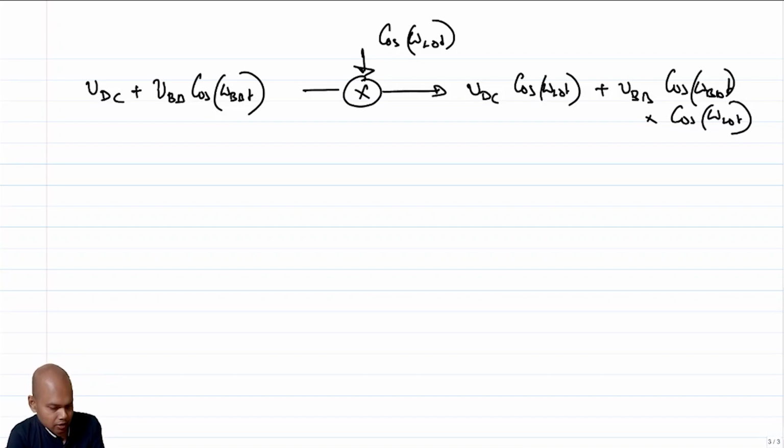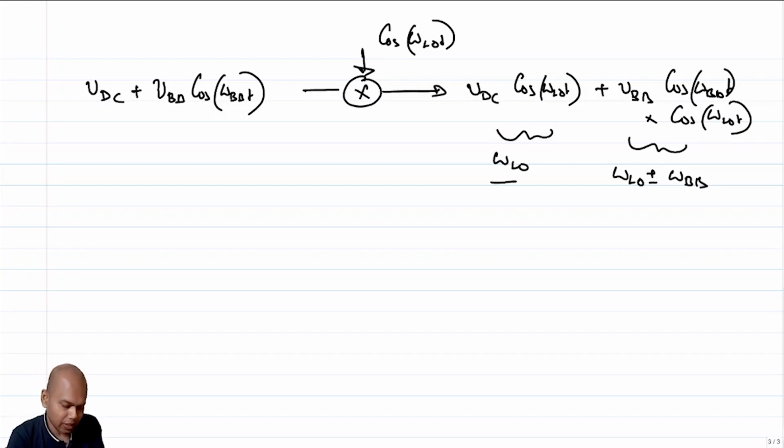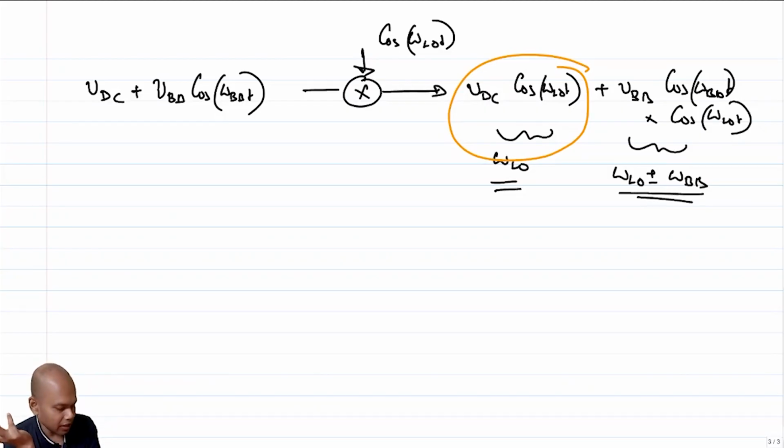Now what is the spectrum of this? Clearly you have a spectrum at omega LO, and you have a spectrum at omega LO plus and minus omega BB. This is on the positive side. Omega LO is much greater than omega BB, so on the positive side we get these three. Since omega BB is close to DC, these three are very close by, and of these, one is not really carrying any information; it is basically carrying the DC.